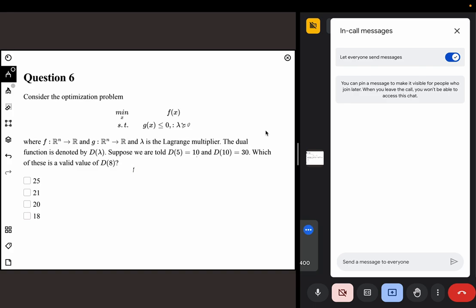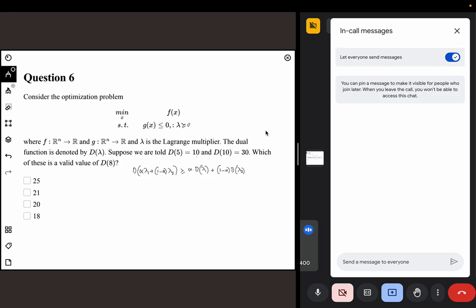We know previously that d of alpha times lambda 1 plus 1 minus alpha times lambda 2, from concavity, will be greater than or equal to alpha times d of lambda 1 plus 1 minus alpha times d of lambda 2.